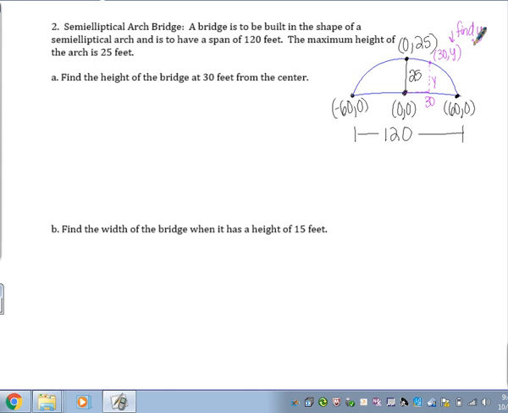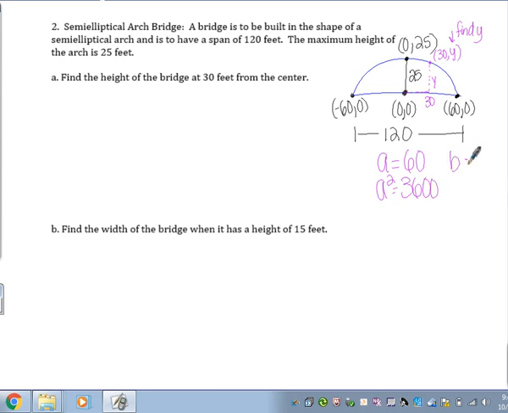So is this something that can be solved using c squared equals a squared minus b squared? No, we actually have all of those parts. So I'm going to need to write the equation. Let's start with the general equation first, without the 30 and the y in it. With my center at 0, 0, I know that a is what value? 60. So a squared is 3,600.